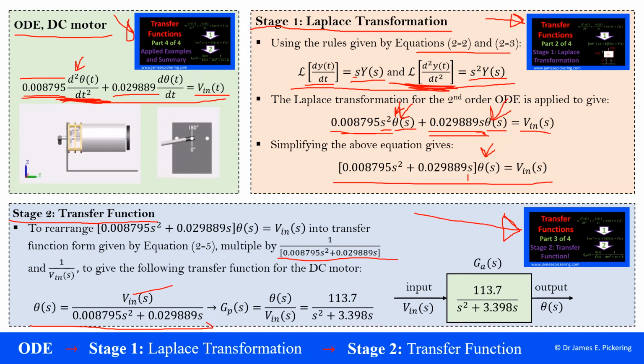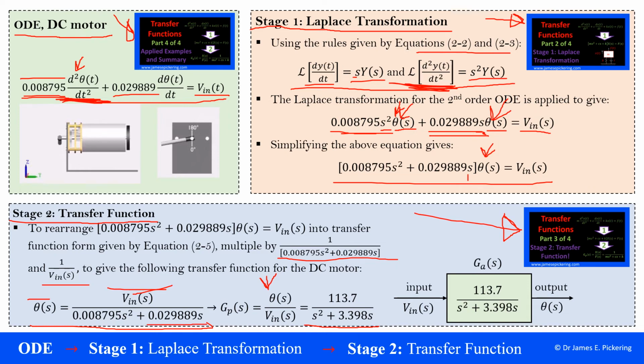Then we cross multiply by 1 over voltage in, so multiply this side and this side by that, and you end up with theta of s over v subscript in of s equal to this here, because what you would have originally ended up with is 1 over 0.00875 s squared plus this term in s.